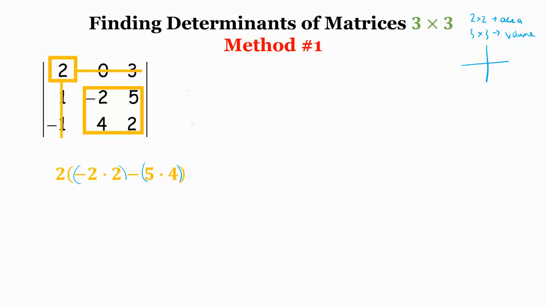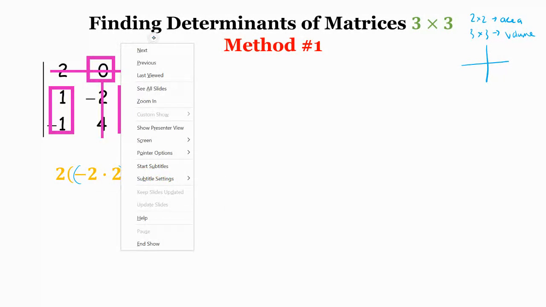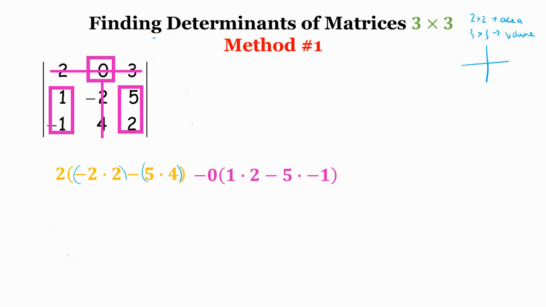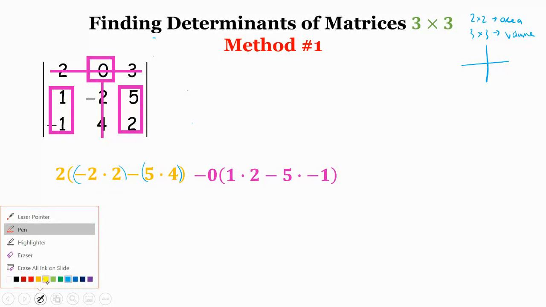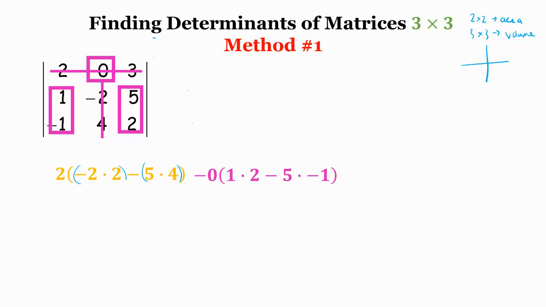Awesome. So then I'm going to keep going, and now I'm going to focus in on 0. I'm going to be taking 0, ignore, ignore, and I'm going to be looking at these and almost treating them as if they're a 2x2 matrix. I don't know what just happened. My bad. Right, so I've got 1, -1, 5, 2, and I'm finding the determinant of them.